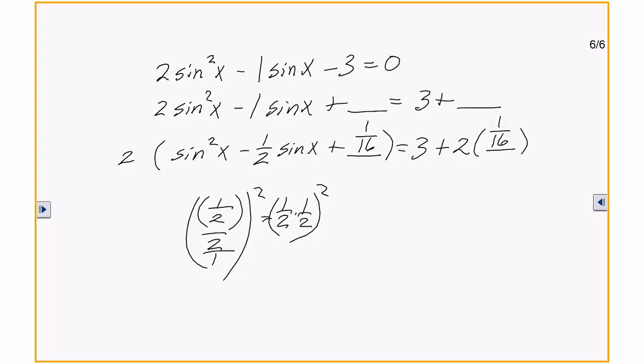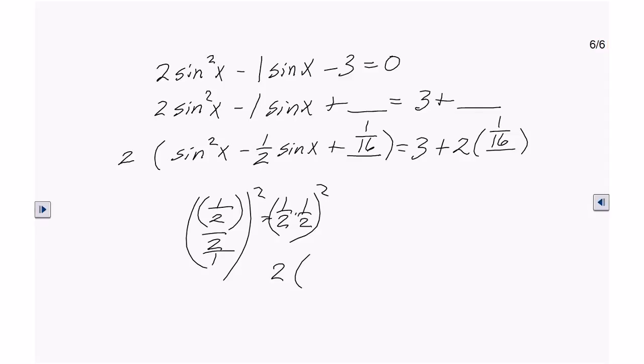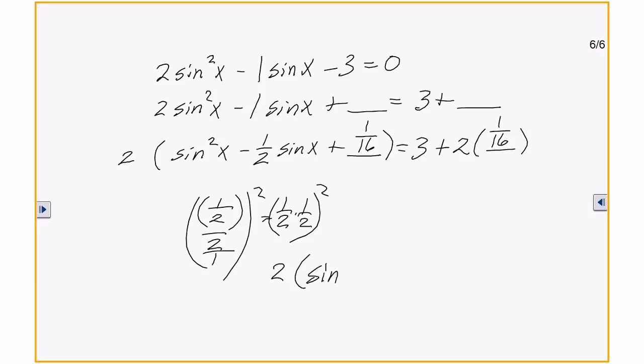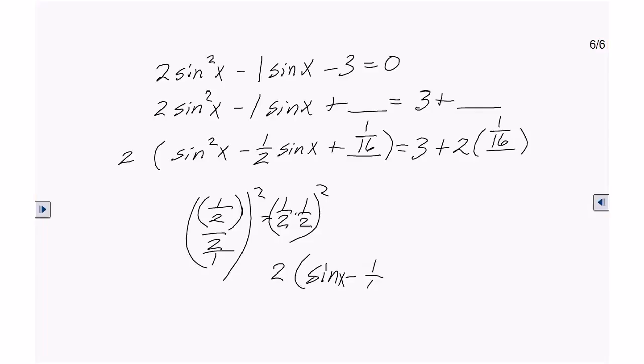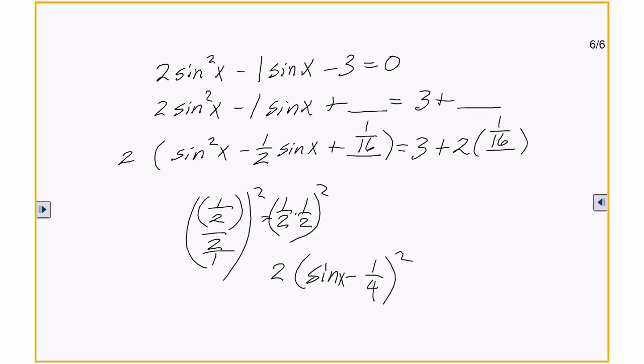So that's going to give me 2 times sine of x minus 1/4 quantity squared is equal to 2, that'll be an 1/8, 1/8, and this is 24/8. 24/8, that'd be 25/8.